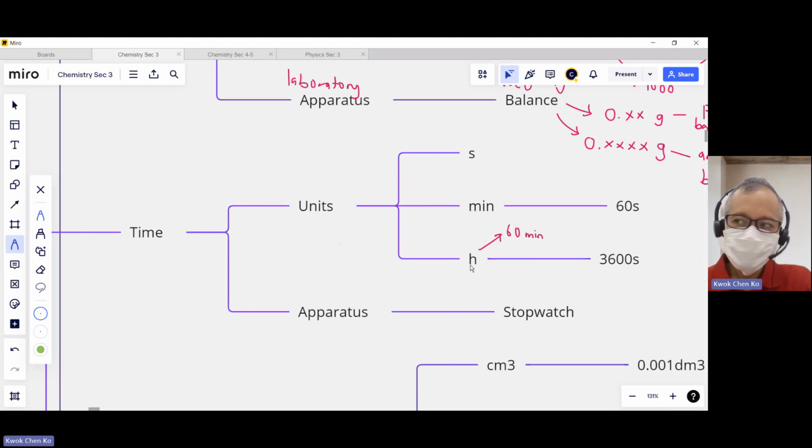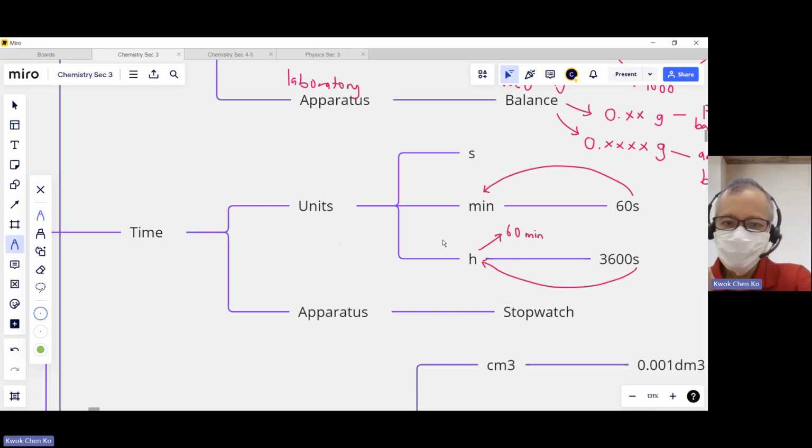But you should be able to convert from hour to seconds as well. So basically 1 hour is 3,600 seconds. Now, obviously, you are expected to be able to convert backwards from seconds to minutes, and of course, from seconds to hours.